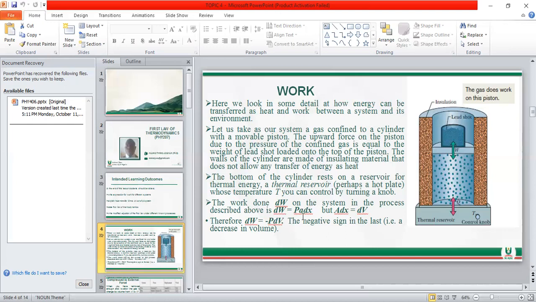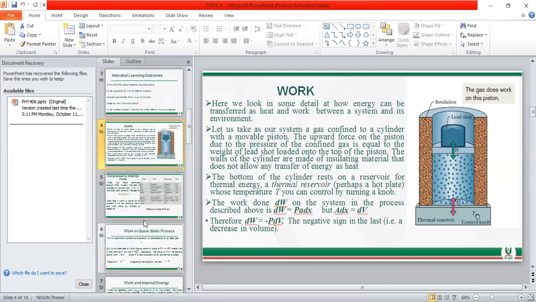If there's pressure, there will be a decrease in volume. According to which of these laws? Is it Charles' law or Boyle's law? P is inversely proportional to V. That's why you have P1 V1 equals P2 V2. Can you remember that?